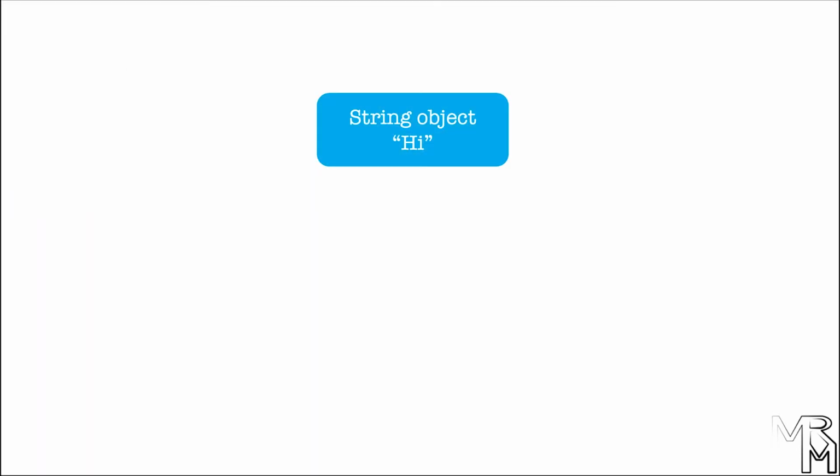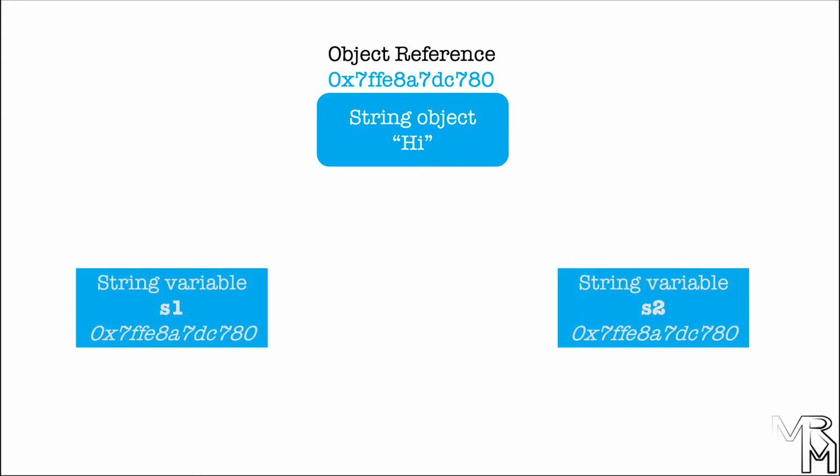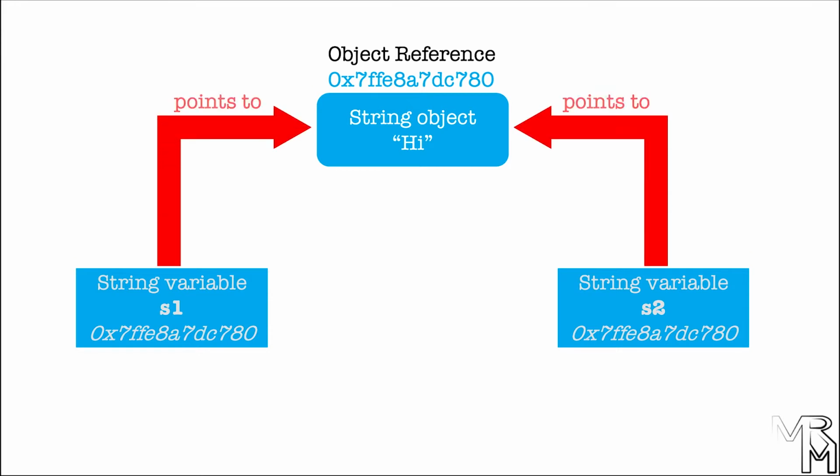In Java, every object has a unique reference. No two objects can have identical references, meaning if two reference type variables store the same reference, they refer or point to the same object. And if two variables point to the same object, they are considered equal if you compare them using the equality operator.